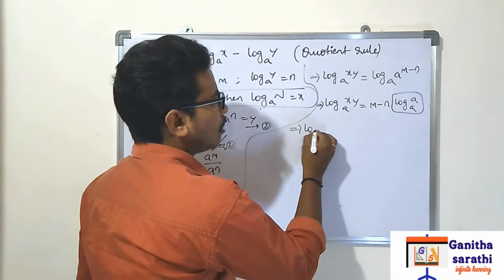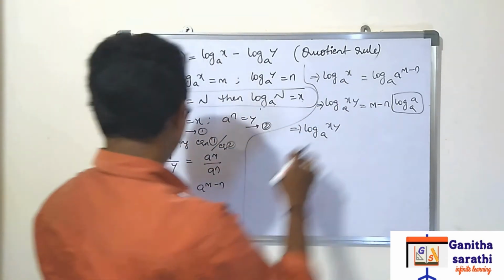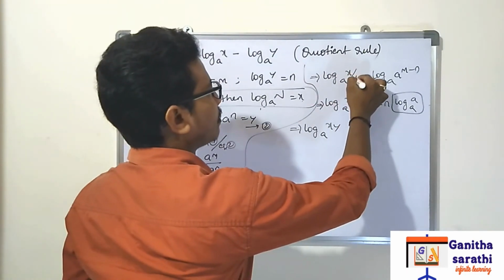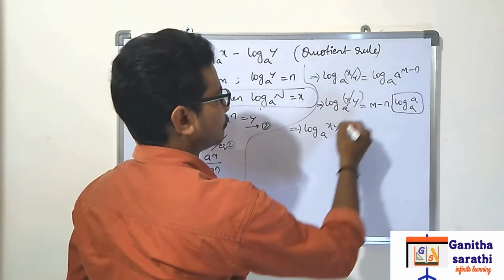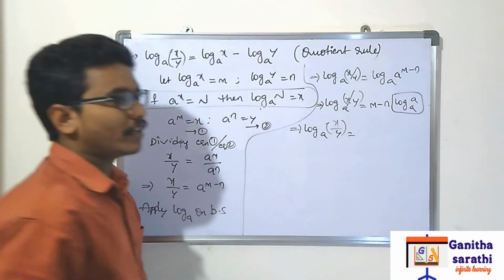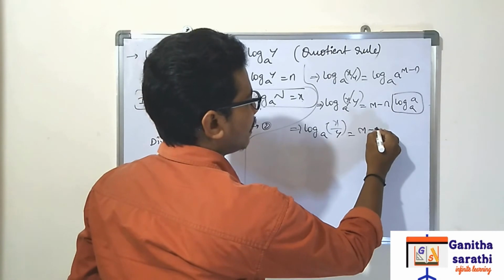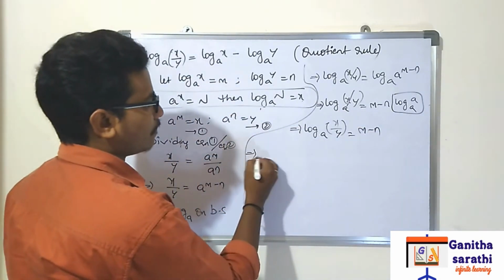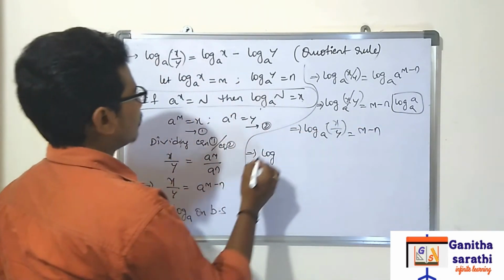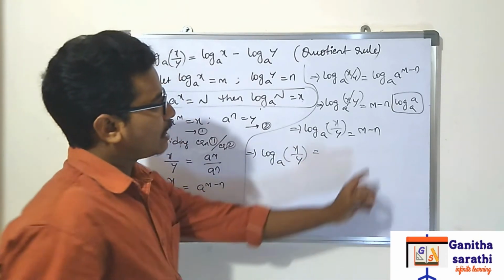Then log x by y base a, x by y. Here also x by y. Okay. log x by y base a is equal to m minus n into 1, meaning m minus n. So log x by y base a is equal to, what is the m value?